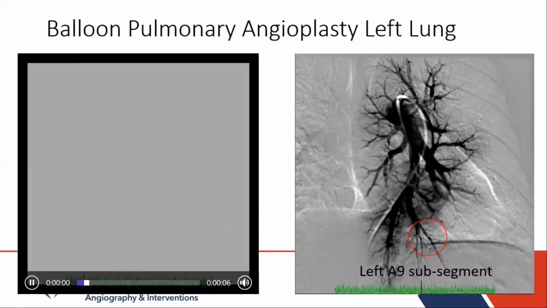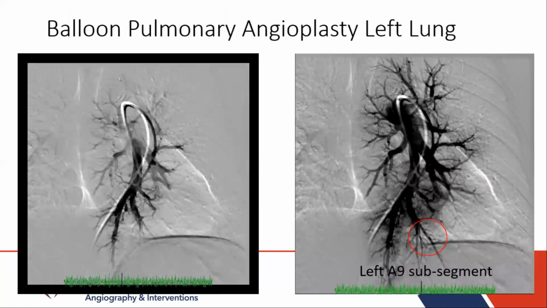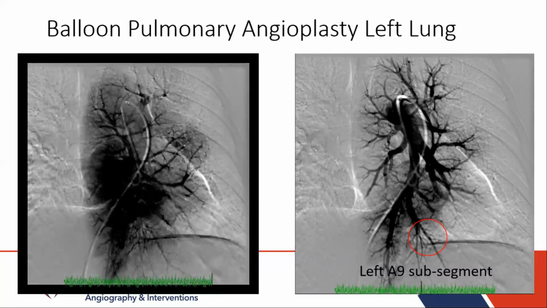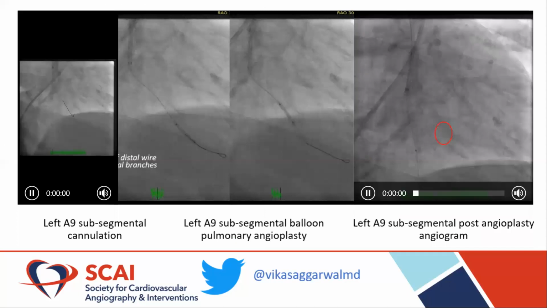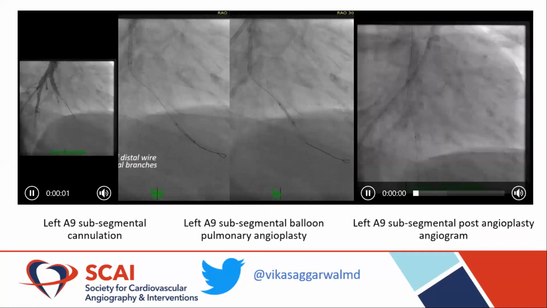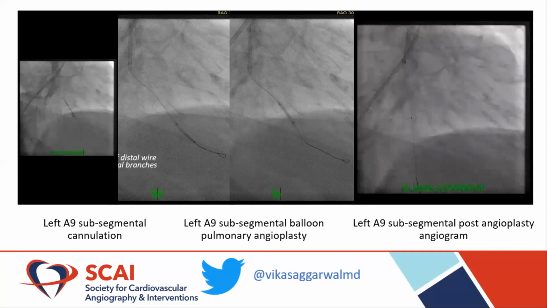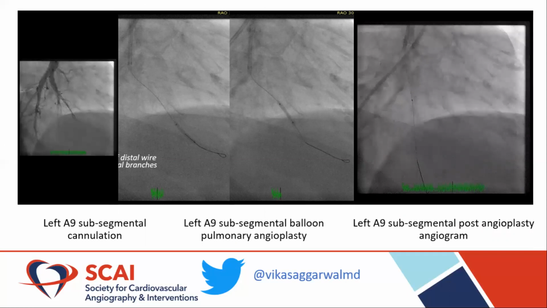The left lower lobe now, the left A9 subsegmental disease is highlighted on the right in the still image. It's cannulated in a similar fashion. It's crossed with a Xian blue. Note the J tip of the wire in the distal subsegmental branches.